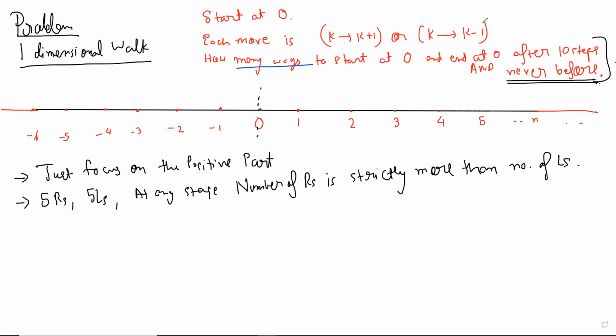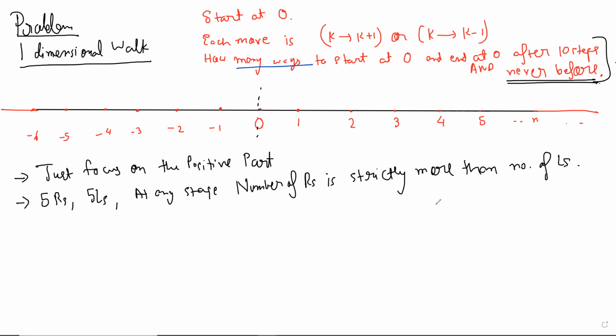Does everybody agree with this? At any stage, except for the last, obviously in the end, it will be equal and you'll be back to the origin, but not before that.